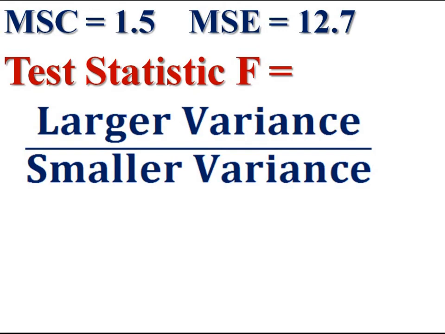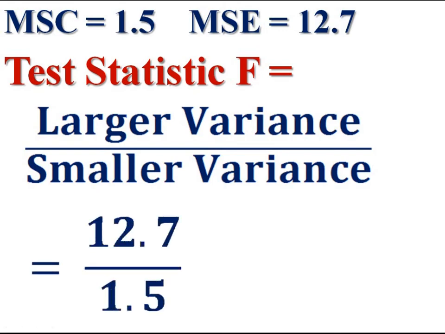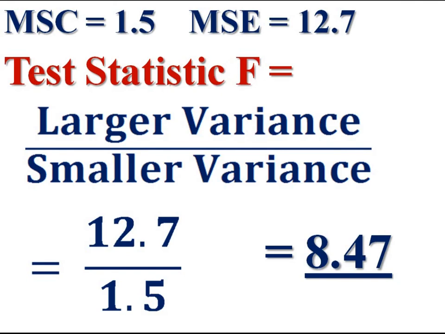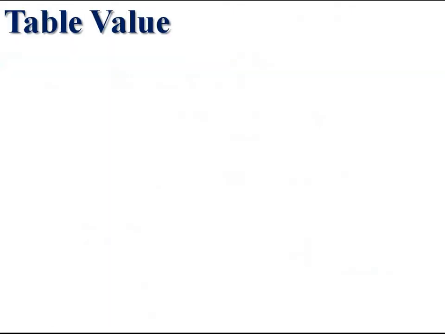Here, larger variance is 12.7 and smaller variance is 1.5. Therefore, F is equal to 12.7 divided by 1.5, that is equal to 8.47. It is the test statistic, the computed value of F is 8.47. Then find the table value.